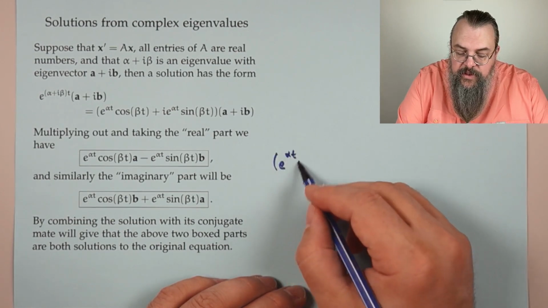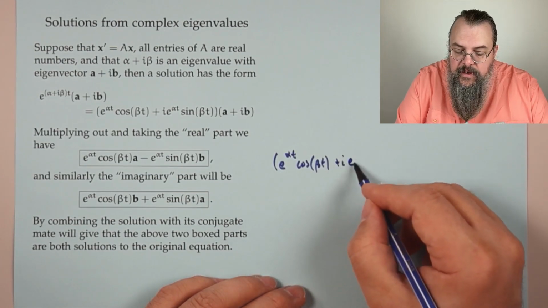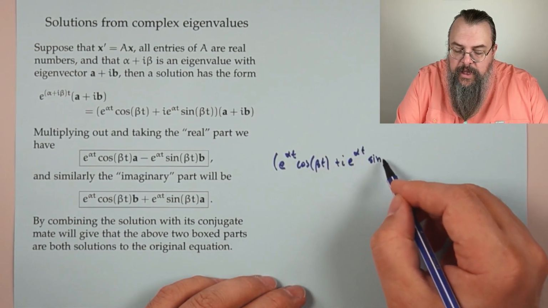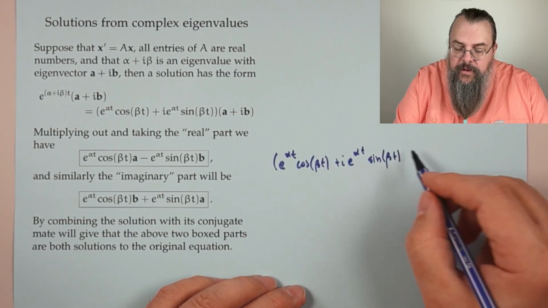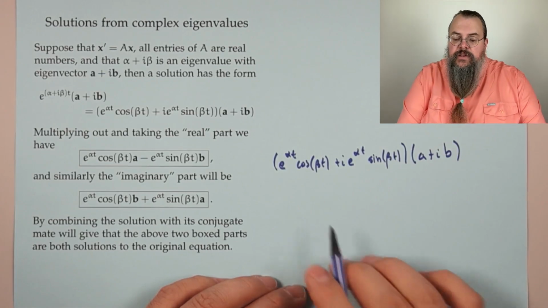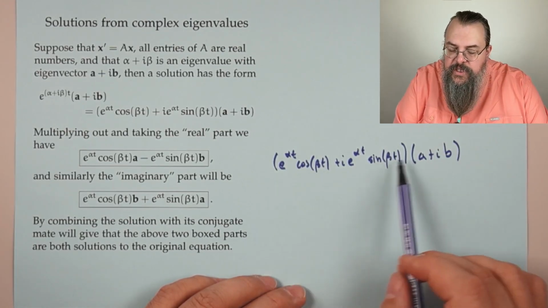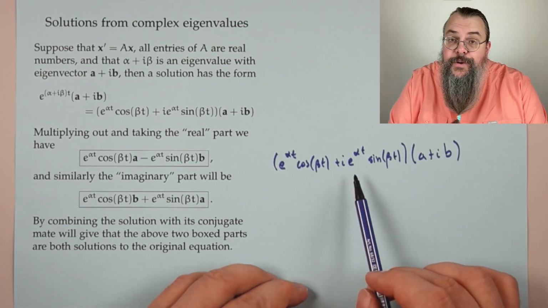Now, if we write that out, it's good to work through this once in your life, and we'll actually have to work through this a few times, but here we go. We have this expression, and what do you want to do?